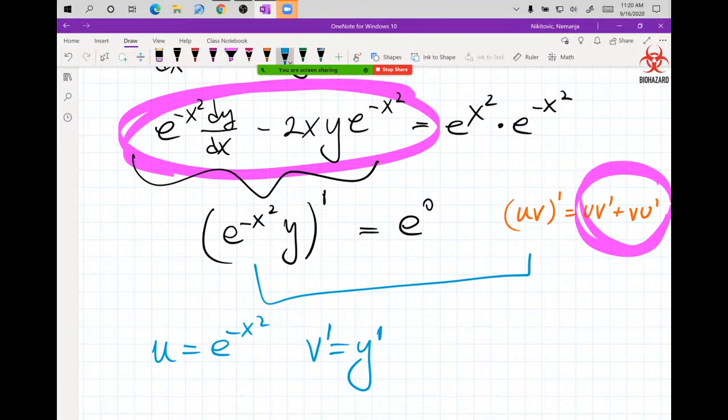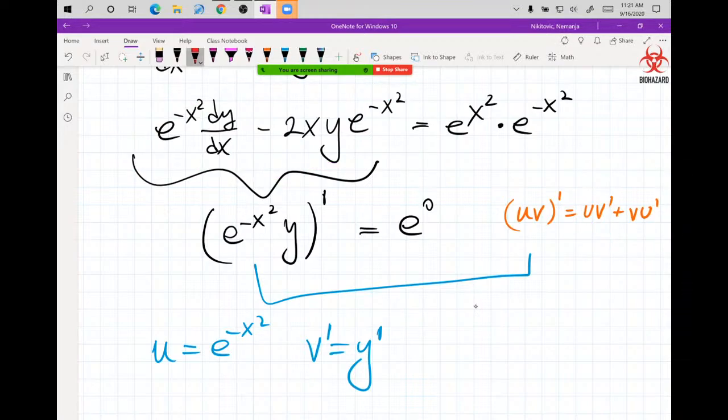So if you look at the first term only, you can see that u is equal to e to the negative x squared and v prime is equal to y prime. And you will always have v prime equal y prime because common sense, right? It's prime and prime. Then the second part, what's v, right?